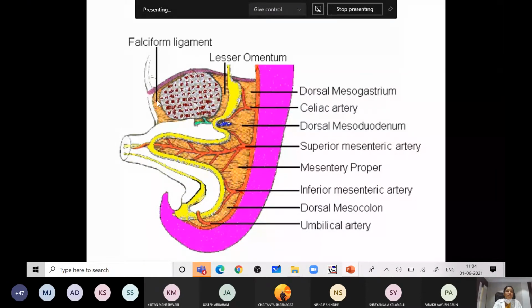So this is the ventral mesogastrium, clear? This orange structure is mesogastrium. Ventral to the stomach, this whole structure is ventral mesogastrium, and here there is a part of mesoderm intervening, that is septum transversum. Clear? This brown structure is septum transversum.